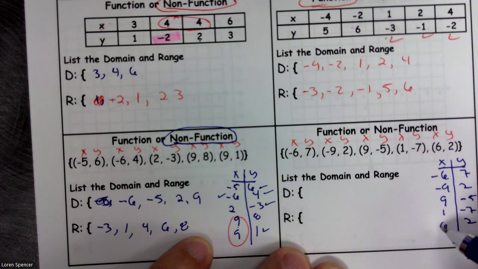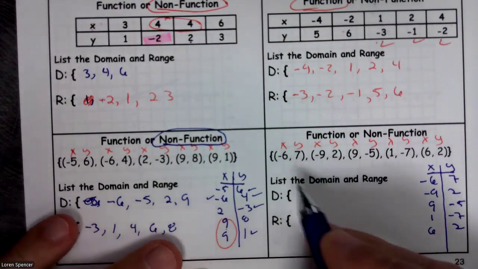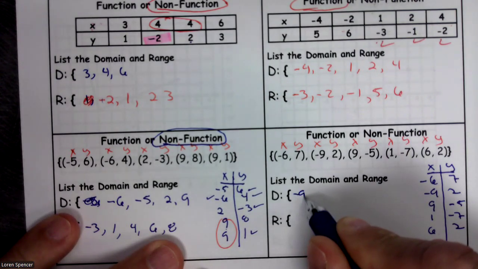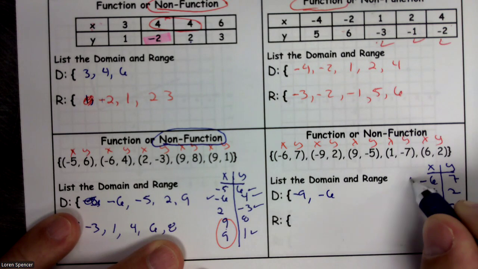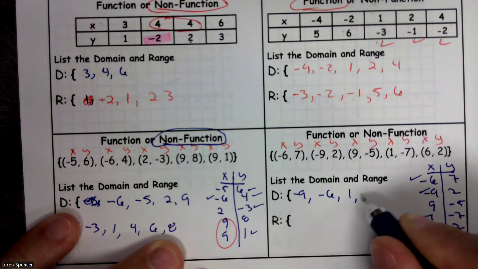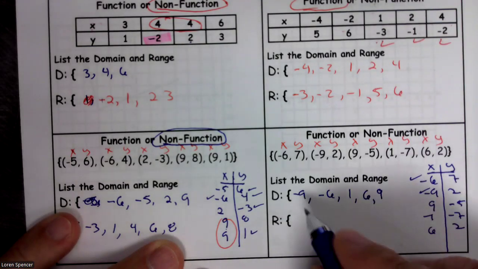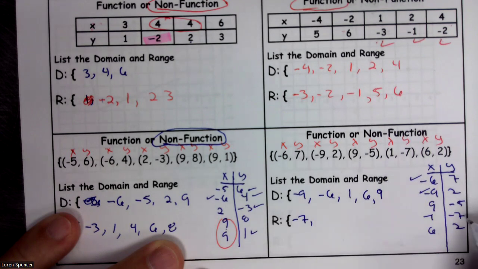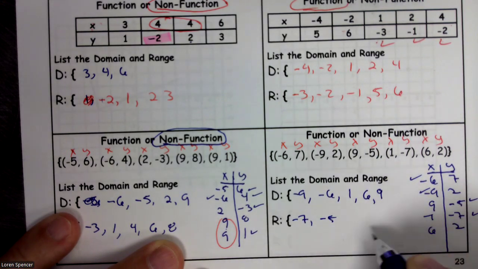I look at these and my x's do not repeat, but I need to list them in order from least to greatest. My least one is negative 9, so I check that one off. Then I have negative 6, check that off. 1, 6, and 9. My range, starting with my smallest, is negative 7, then negative 5.